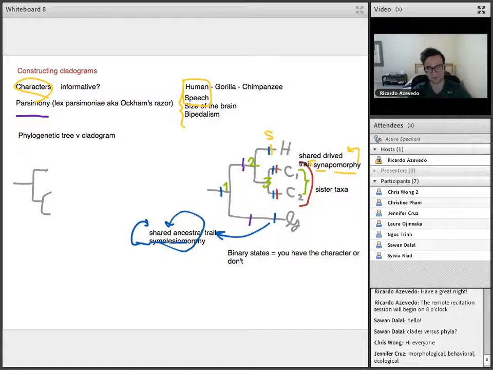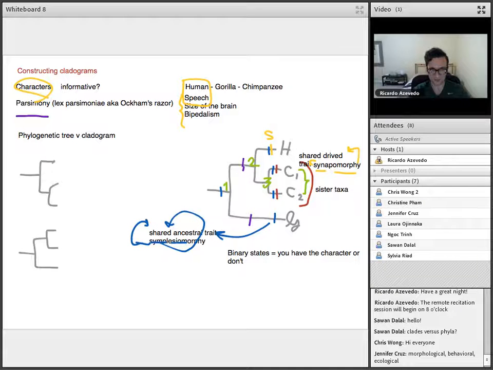Okay, so the idea that having a single change is better than having two changes relates to a principle used, one of the ways by which you can construct a phylogenetic tree: the principle of parsimony. Parsimony, or lex parsimoniae, just Latin.